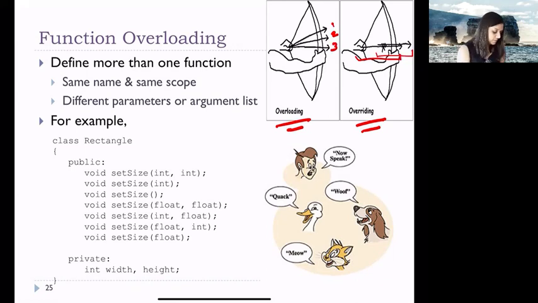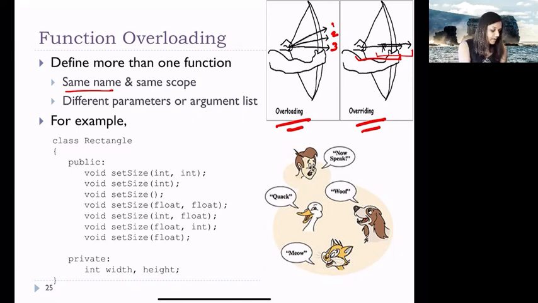One example is function overloading. Let's see what remains the same among overloaded functions and what's different among them. Overloaded functions will have the same name. That's how you say that these are overloaded functions. If they have different names, they are two different functions, right?